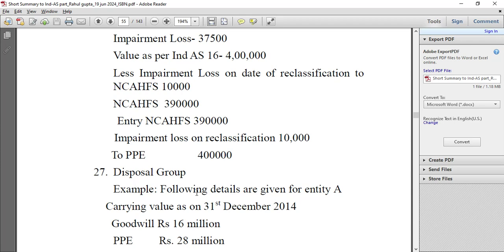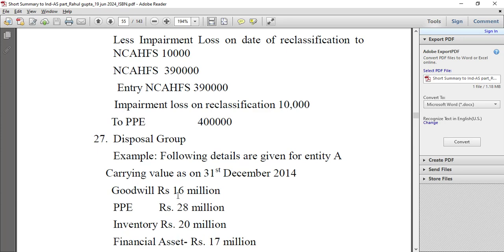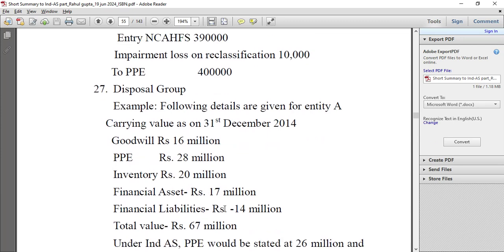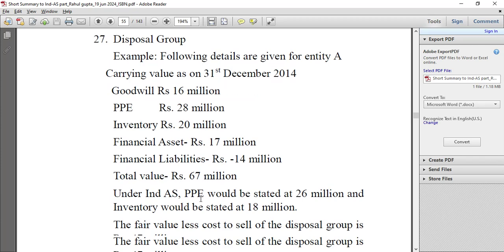Example: following details are given for entity A, carrying value as on 31st December 2014. Goodwill 16 million, PPE 28 million, inventory 20 million, financial assets 17 million, financial liabilities 14 million, total value 67 million.